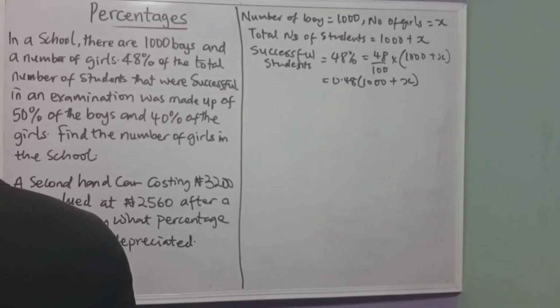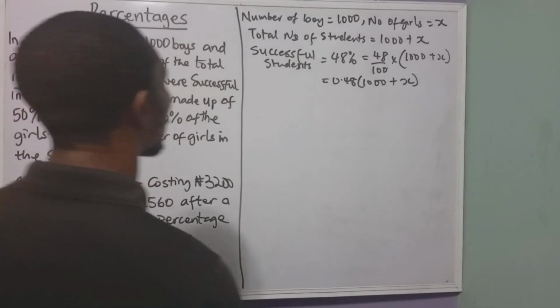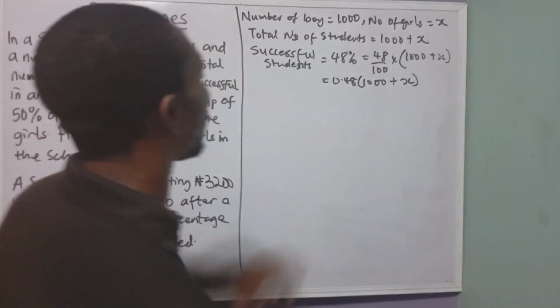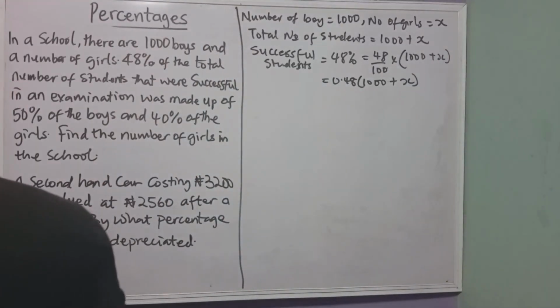If we expand that bracket, it gives us 480 plus 0.48x. But we'll see that later.